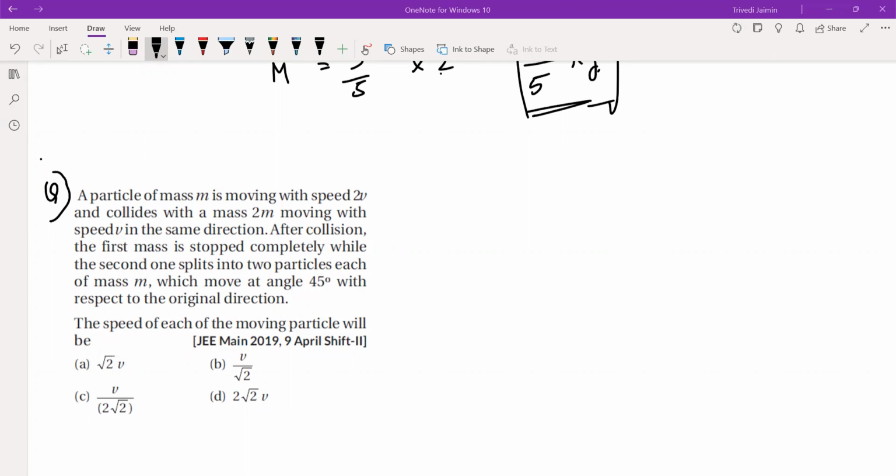Just equate P initial and P final. Same thing. A particle splits into two particles of mass.